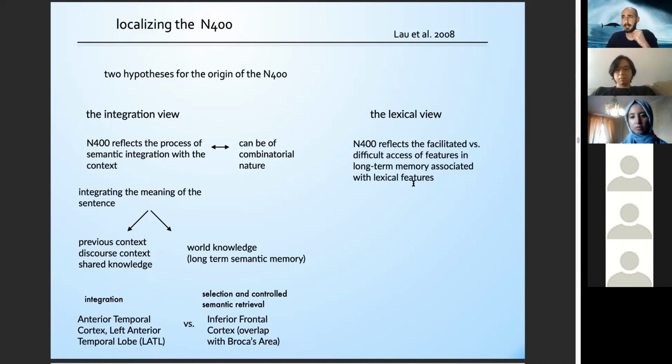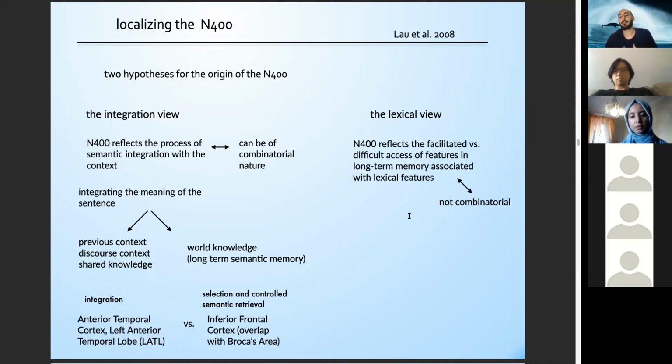But there is an alternative explanation, which is kind of compatible, which says that the N400 reflects the facilitated versus difficult access of lexical features that are stored in your lexicon, okay? So this is not combinatorial.